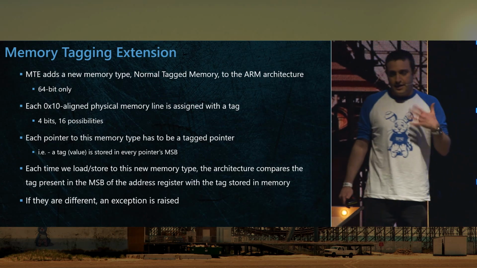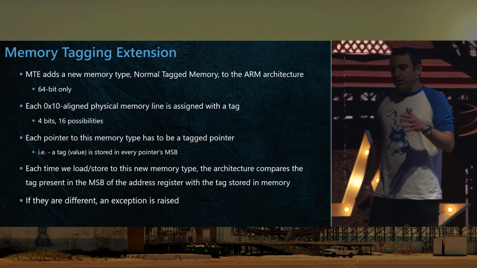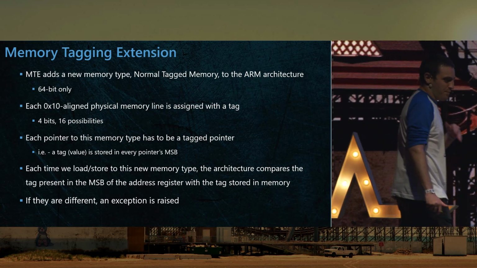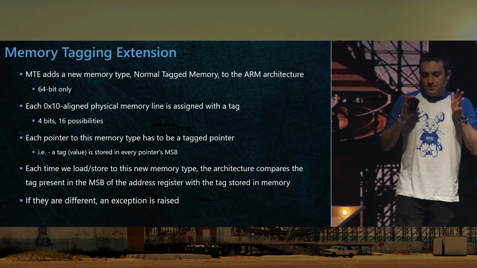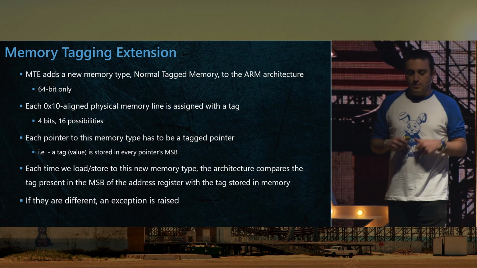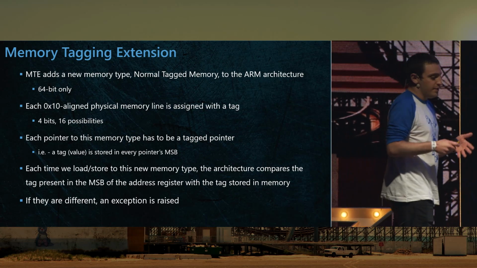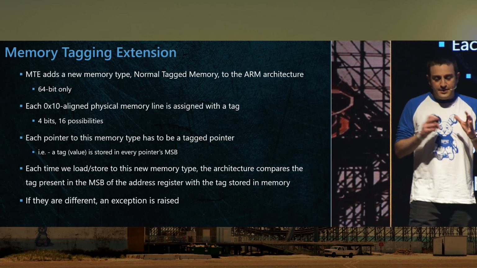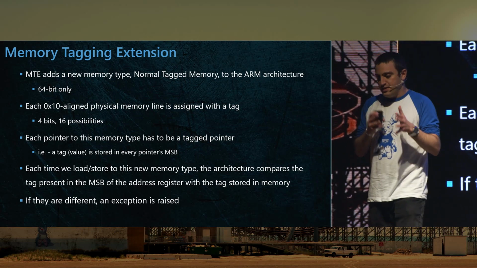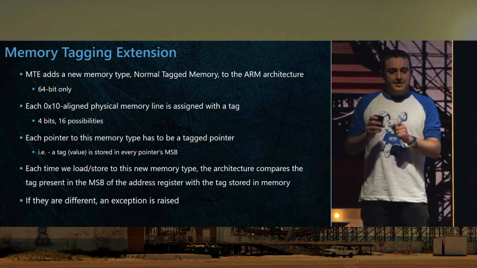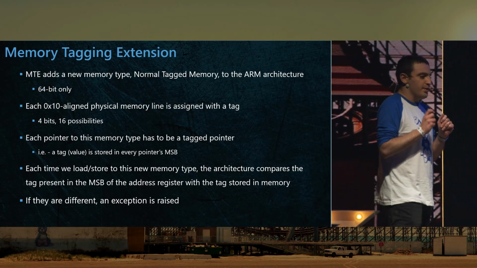So, memory tagging extension. MTE adds a new type of memory to the ARM architecture. It's supported only on 64 bits, of course, and basically this whole new thing of MTE comes down to the following. Each 16-byte line of physical memory is assigned a tag.